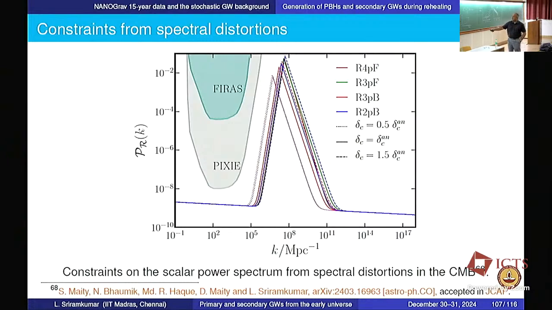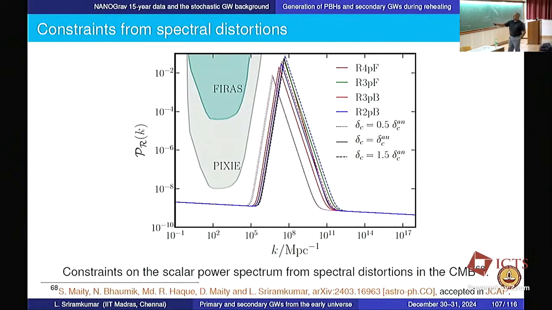Remember, the CMB data constrains up to about k of 1 megaparsec inverse or so, and there is some large scale structure data and 21 centimeter data thereafter. But there are stronger FIRAS constraints from the spectral distortions. How much is the deviation from the thermality of the CMB?